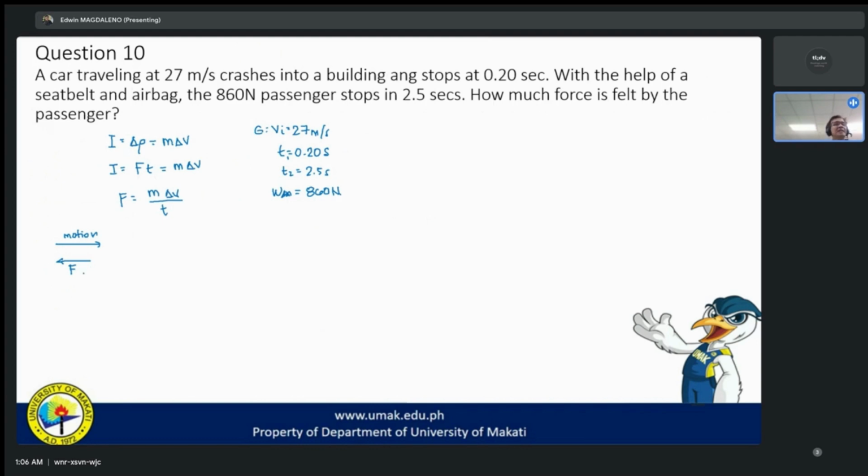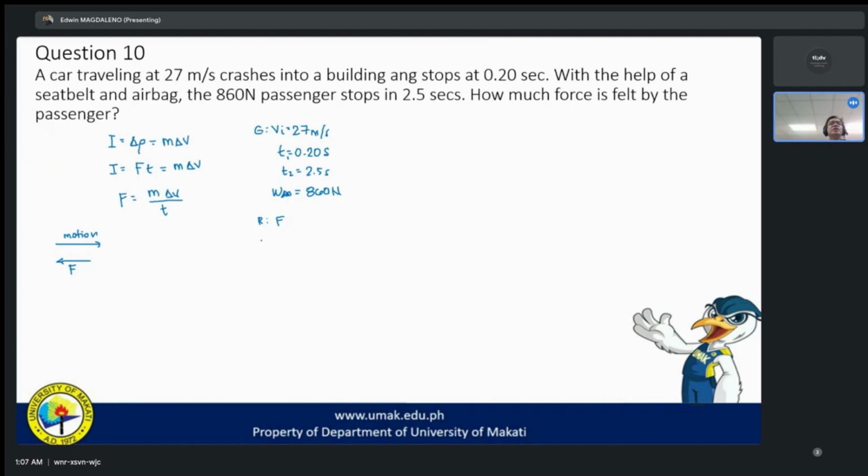So papigil siya, parang friction. So that means negative ang kanyang epekto. So, let's try to solve for that force. The required here is the force felt by the passenger from the airbag.